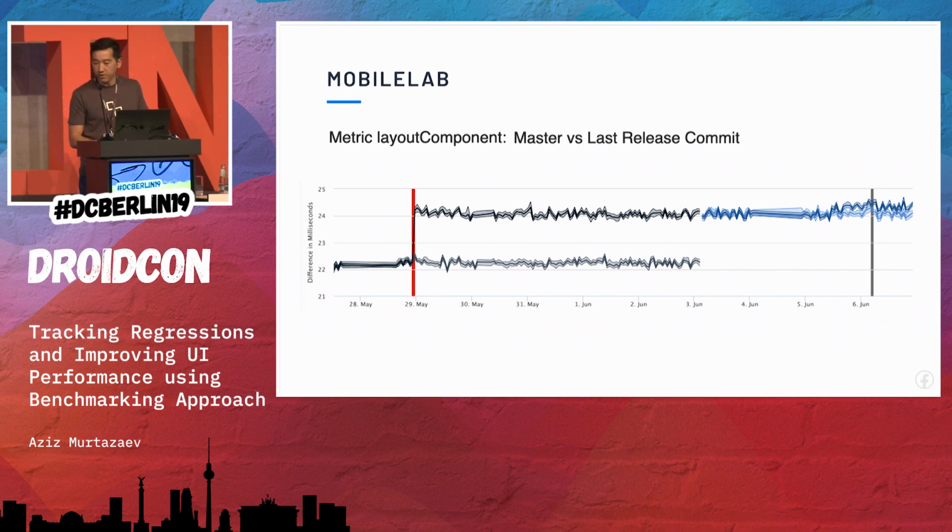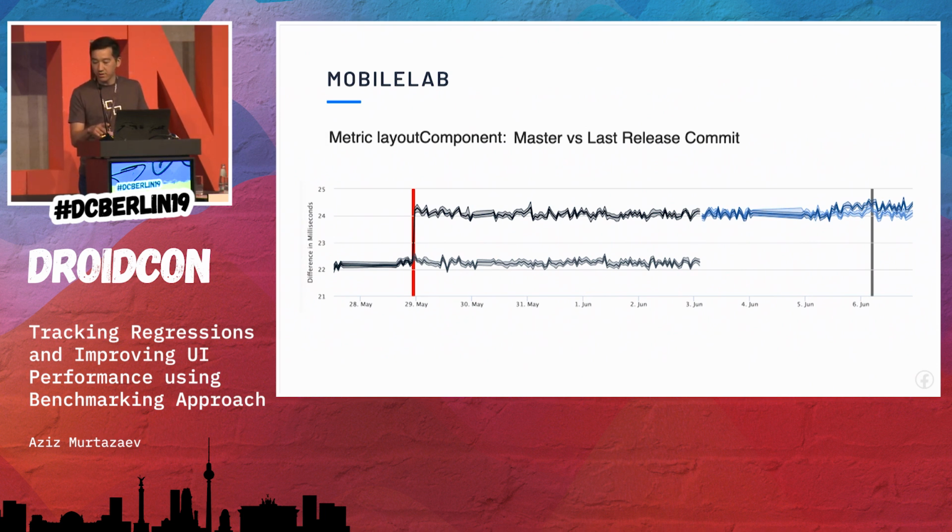So different colors means different app versions, and you can see that the black line was like two lines were kind of overlapping, and at some point the darker line goes up. This is where the regression happened.